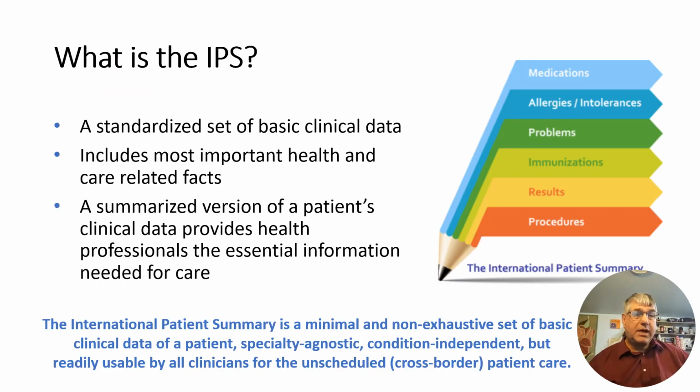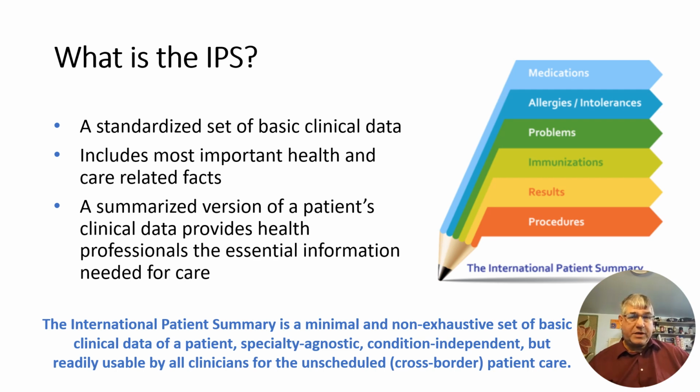So what is the IPS? The International Patient Summary. It's a standardized set of basic clinical data, including most important healthcare related facts. Things like medications, allergies, problems, immunization results, and procedures. A summarized version of a patient's clinical data provides health professionals the essential information needed for care.